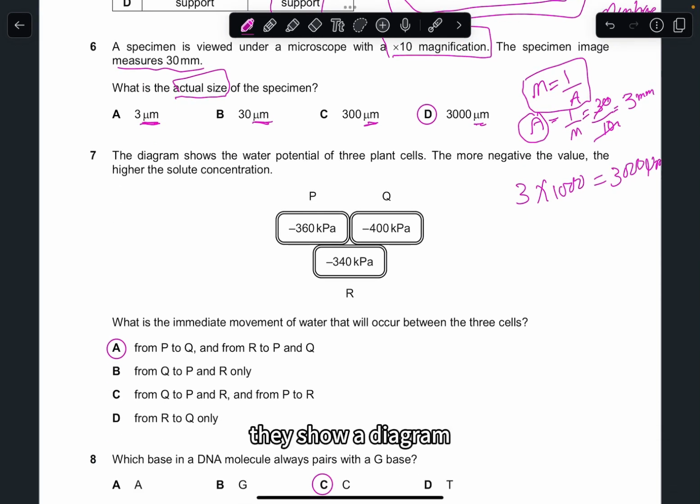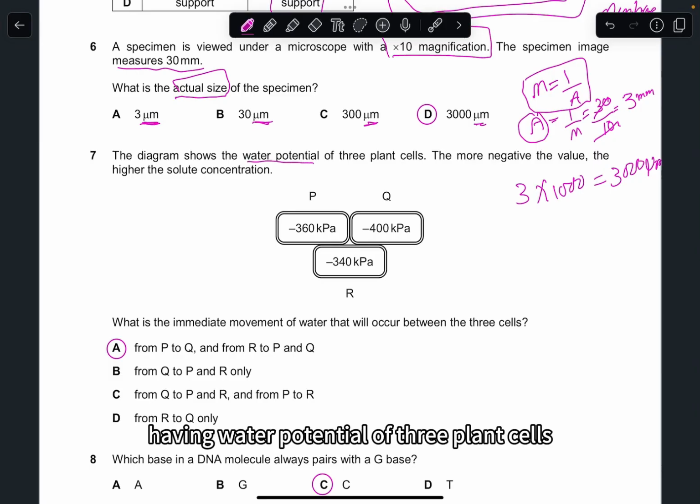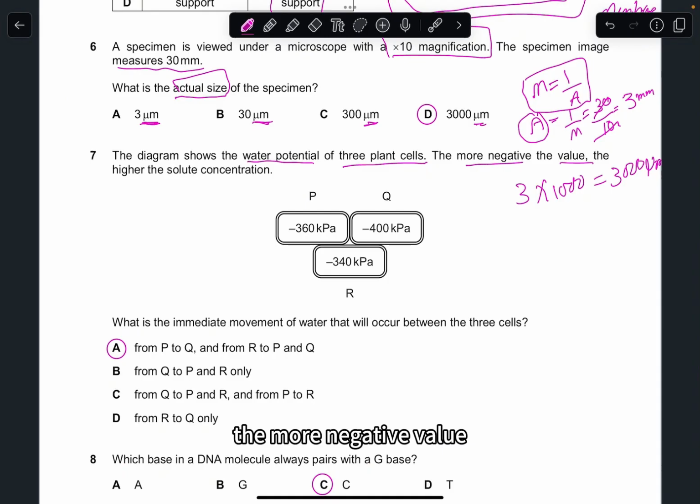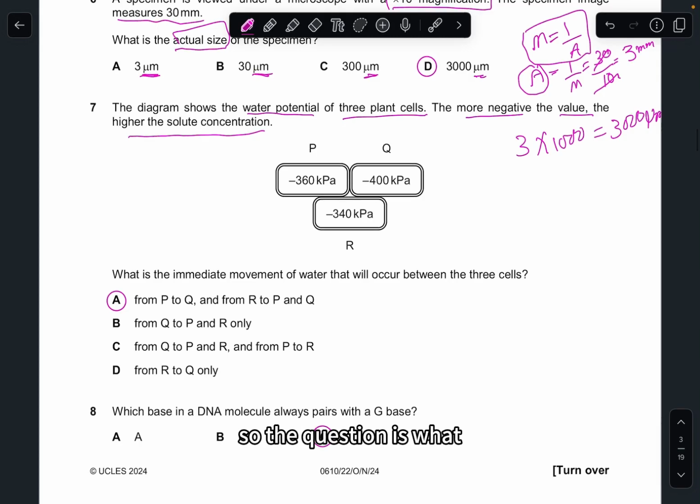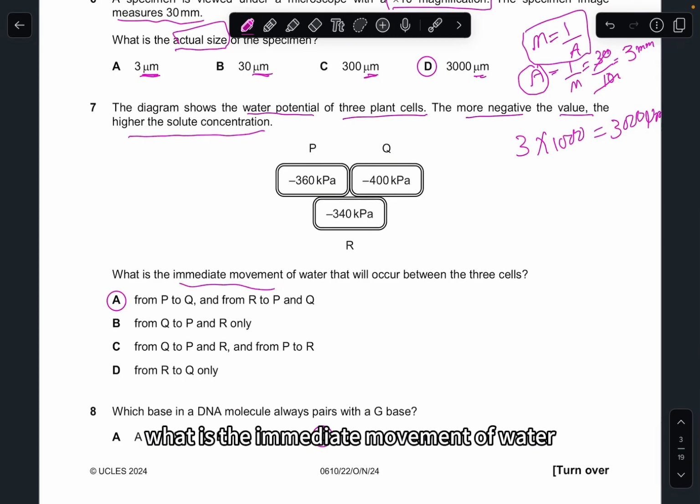Next question, they show a diagram having the water potential of 3 plant cells. The more negative the value, the higher the solute concentration. The question is, what is the immediate movement of water that will occur between the 3 cells?